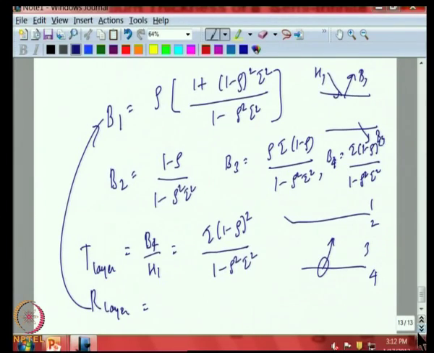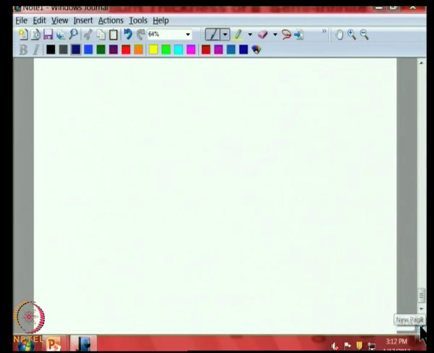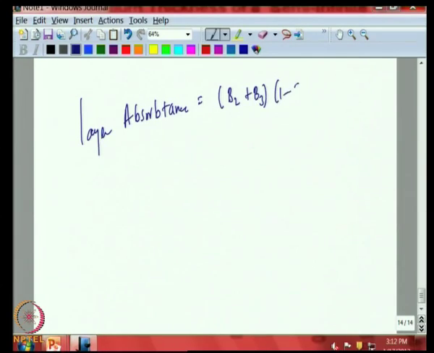Now, we finally look at absorptance. That will be nothing but whatever radiation is there inside 2 and 3, out of which this much is absorbed, and this is (1 minus rho) into (1 minus tau) divided by (1 minus rho tau).